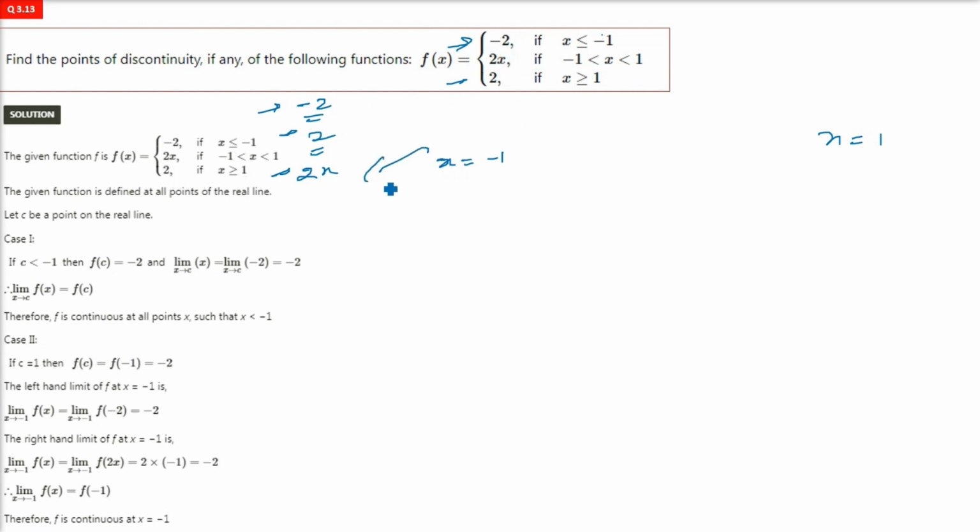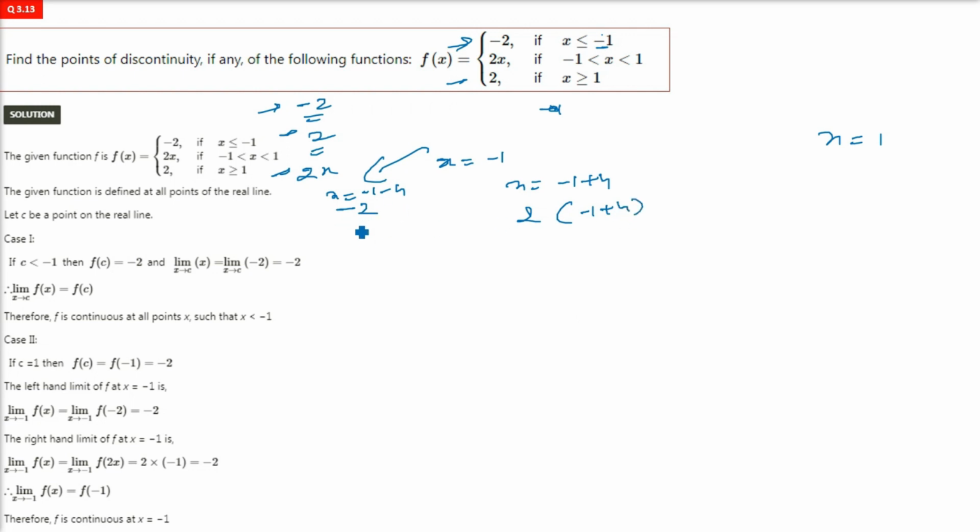So accordingly you have to choose the function also. When x is less than minus 1, it is negative 2. On the left we put x equals minus 1 minus h, and on the right x as minus 1 plus h. Left hand side, don't worry about that because it is already a constant, minus 2. But on the right, it is 2 into minus 1 plus h, so it is negative 2.